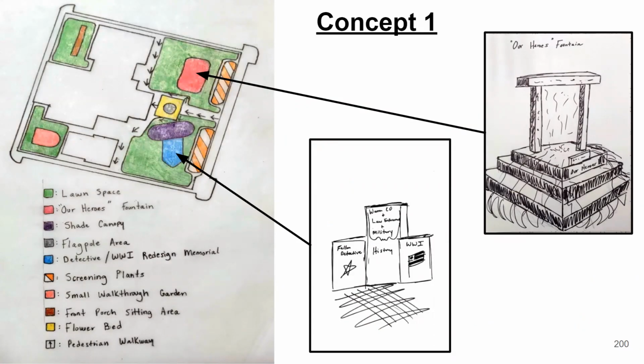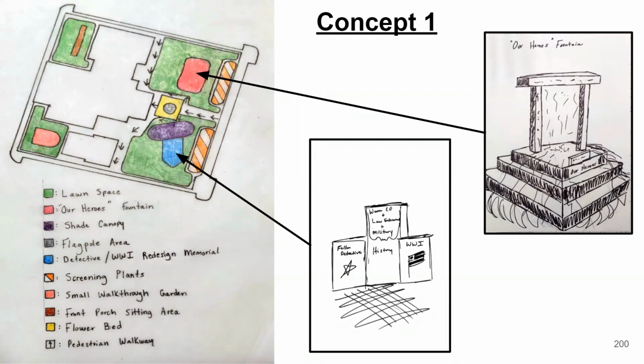All right, so this is my first concept. This concept really focused on the history of Warren County, and you can see that in the Our Heroes Fountain party sketch that I did right over here. This was the former foundation of the Confederate Memorial that was previously there.